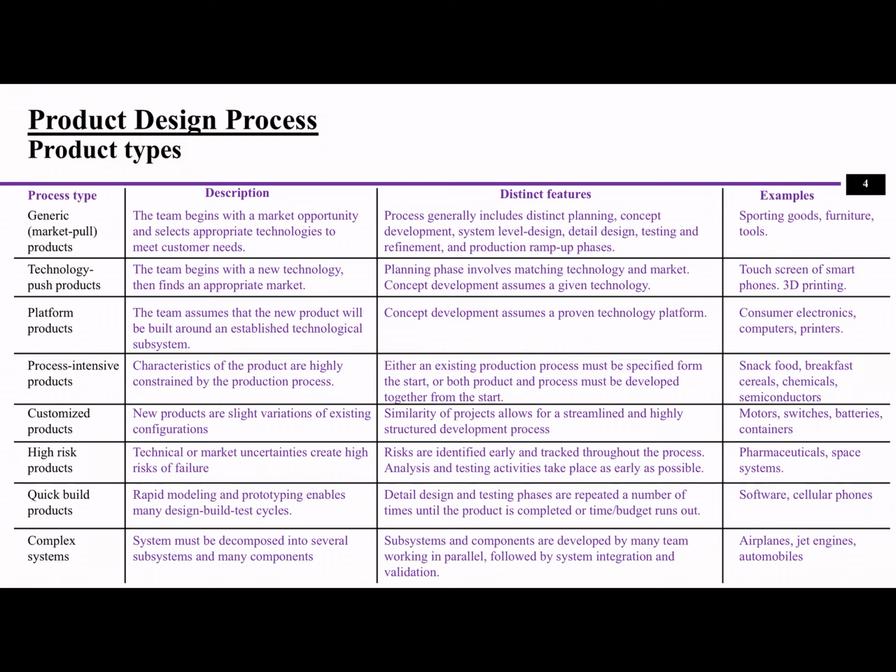Another type is high-risk products. High-risk type products means those kinds of technology or product concepts have a lot of uncertainties. A lot of times high risk is also associated with high profit or high loss. It means probably the investment you have put in will be all gone, or you probably get a lot of benefit out of it.